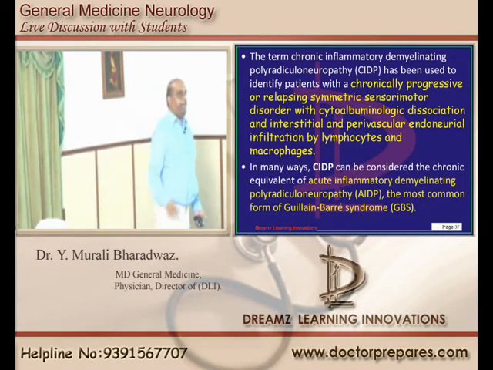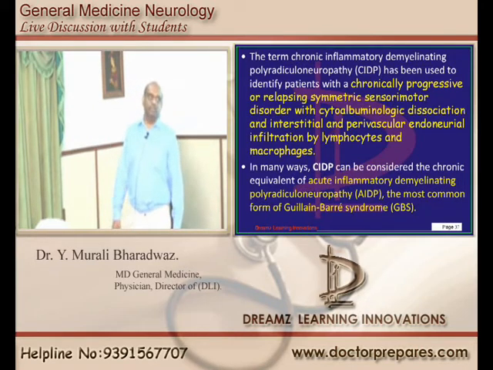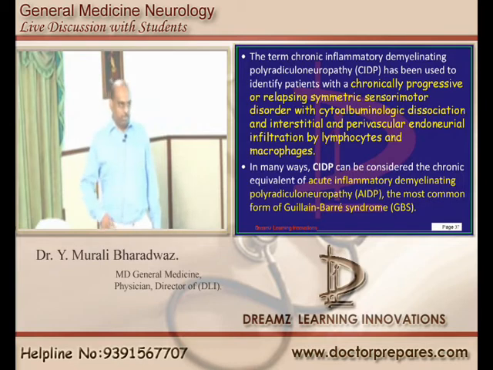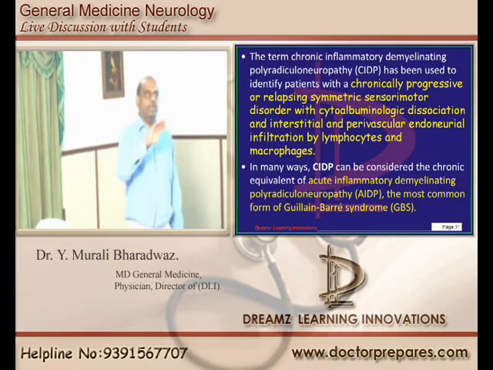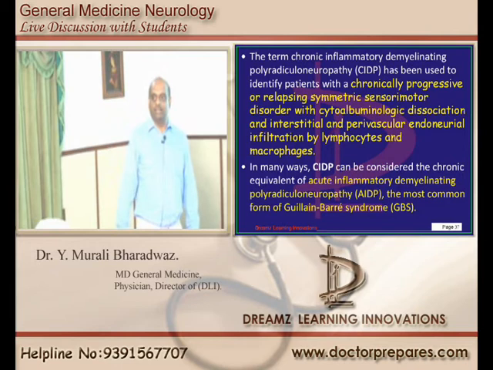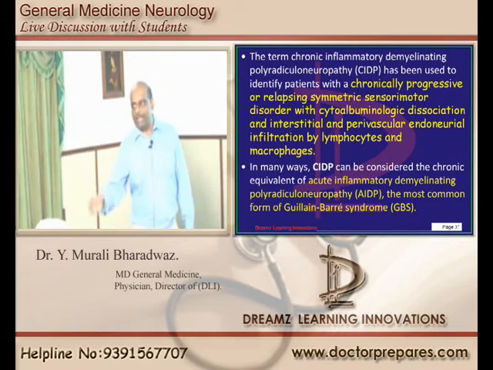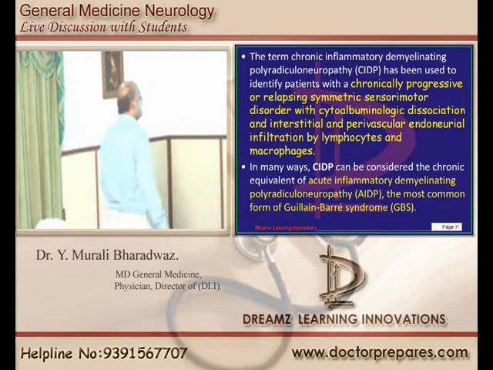And there is an albuminocytological dissociation. What does that mean? For this much rise of the albumin, you expect this much rise of the cells. But if it doesn't happen, albumin is high but cells are low, you consider albuminocytological dissociation.